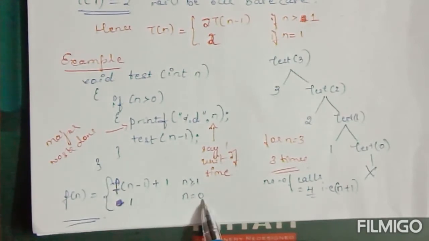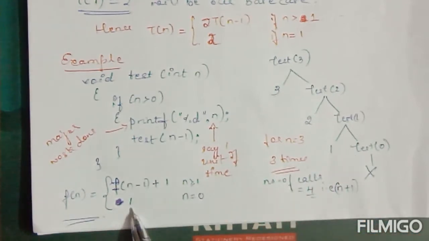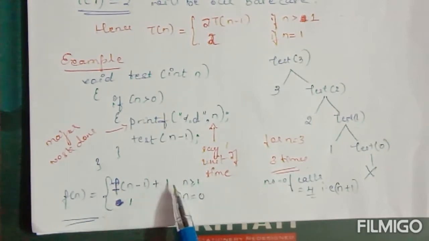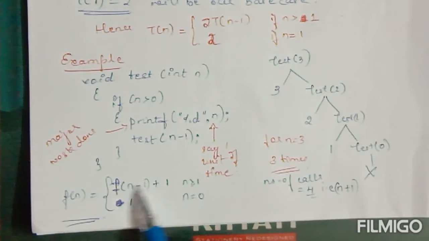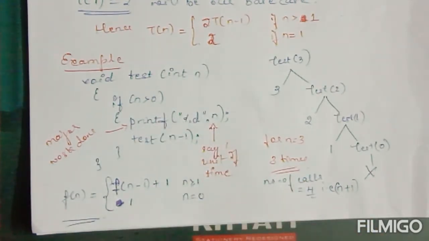When it becomes 0, what happens? It returns. Again I will take, for returning, 1 unit of time. So when n becomes equal to 0, it only returns, but when n is greater than 0, it has to print plus again it has to find f of n minus 1. So this way I formulated a recursive relation for this particular code.